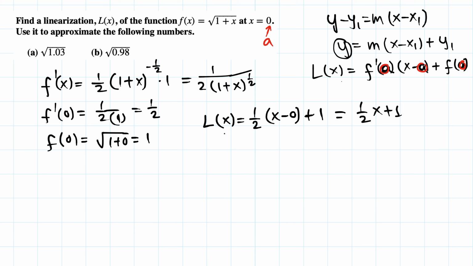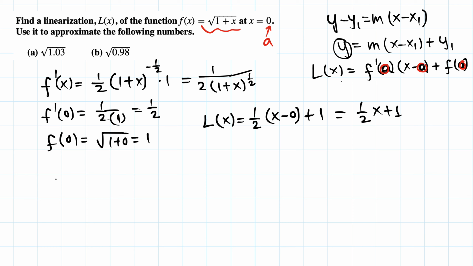Basically what we did here is approximate this square root function by the line 1/2 x plus 1 near x equals 0. Whenever x is near 0, this curve is approximated by this line, 1/2 x plus 1.